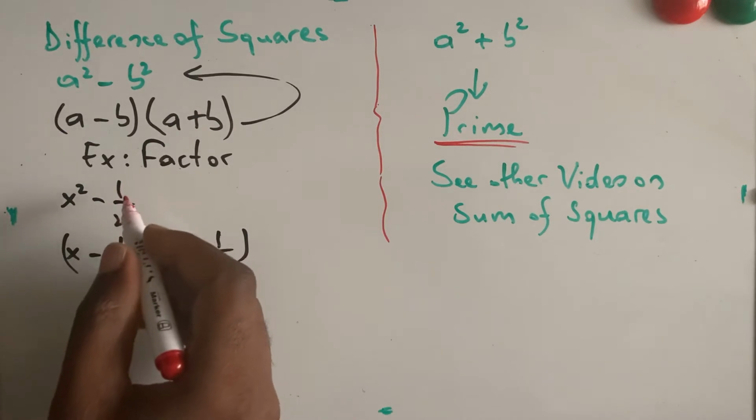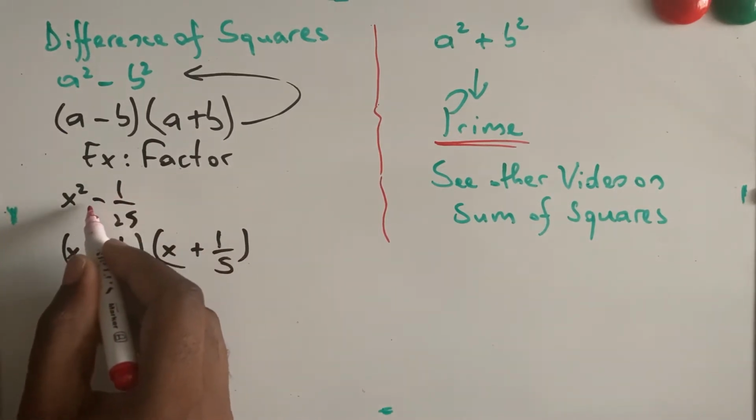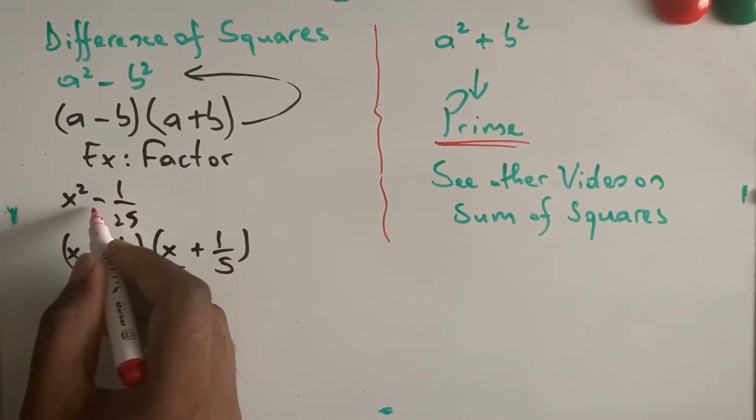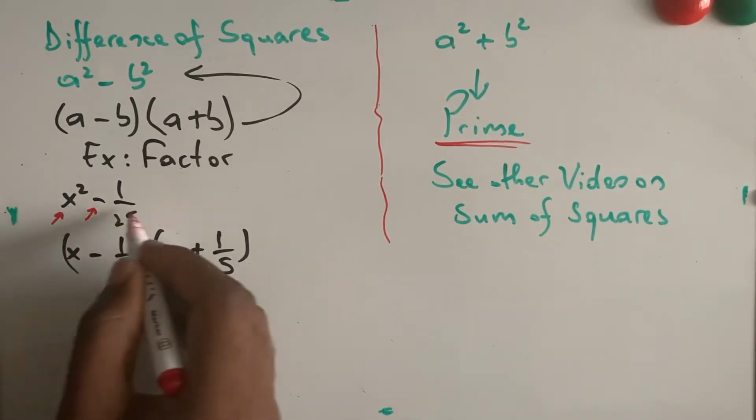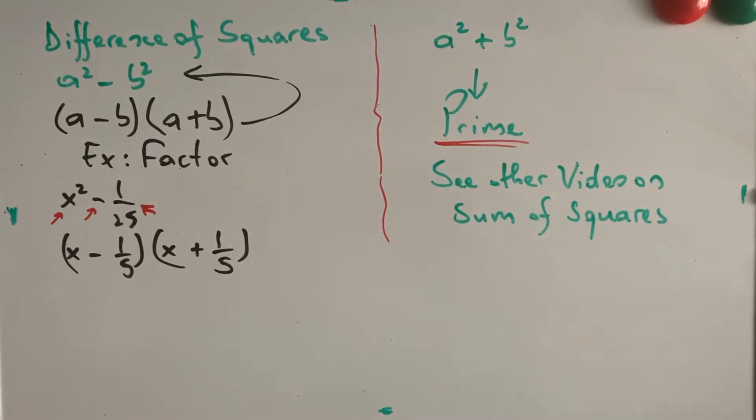The first thing to check is that it's a difference, so this must be negative. You must have a negative sign, and the two terms must be perfect squares, okay? Remember that. So x minus 1 over 5 times x plus 1 over 5.